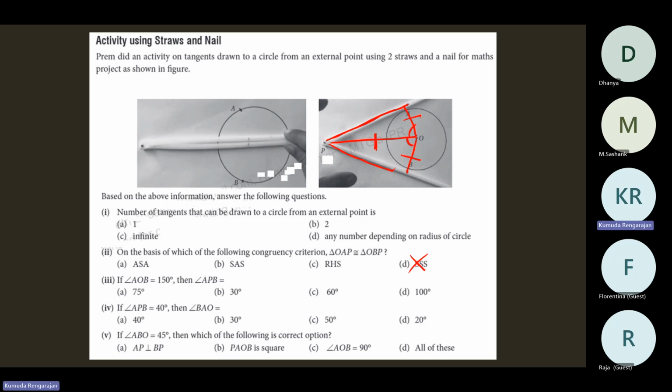But in this activity, we are trying to understand that the tangents are equal. So we cannot use that property that equal tangents subtend equal angles at the center. That follows this result. Once you understand that PA is equal to PB, then equal tangents subtend equal angles at the center. So angle 1 is equal to angle 2. Now you cannot use that information.